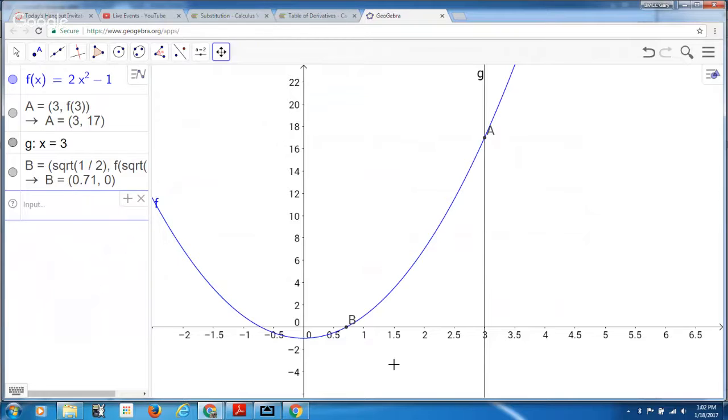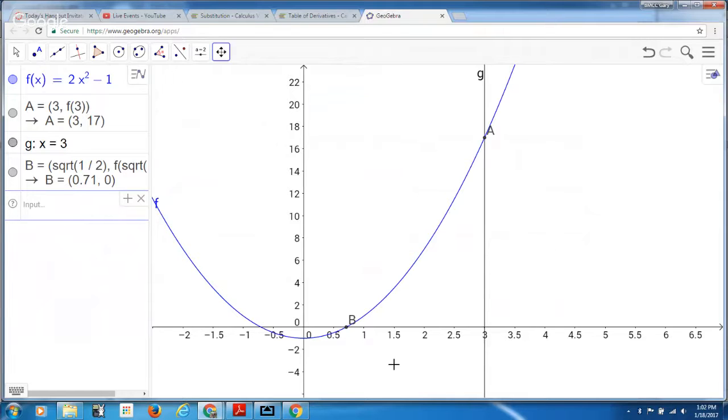Now, keep in mind, when I do attempt to integrate from 0 to the square root of 1/2, my function, 2x squared minus 1, I'm going to get a negative answer because the heights there are negative, right?